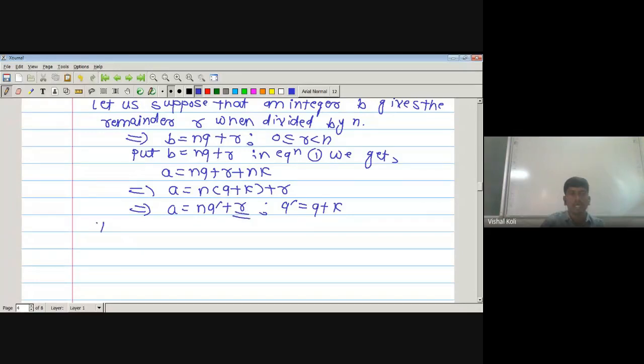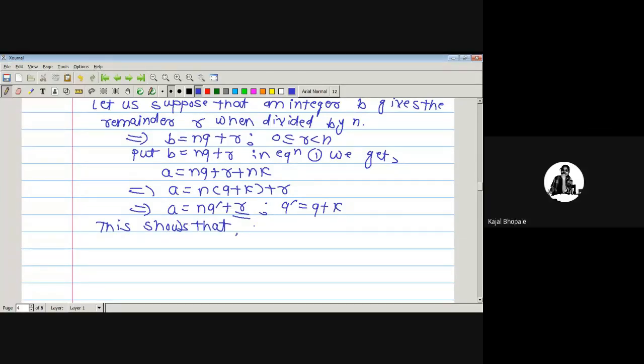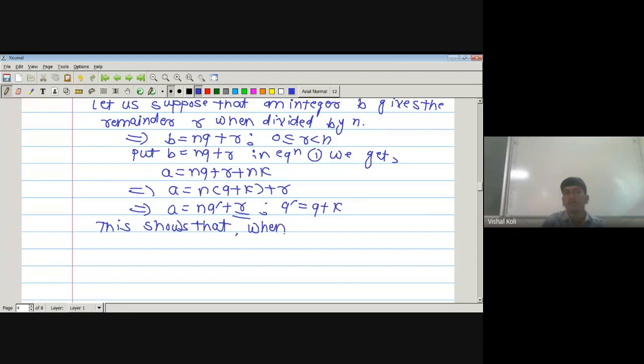Here this shows that when we divide a by n, it gives the remainder r.